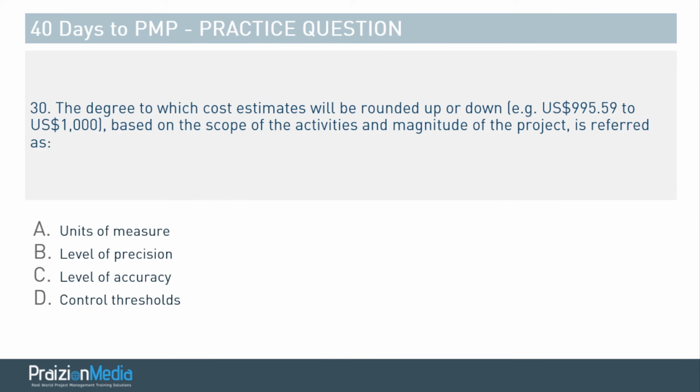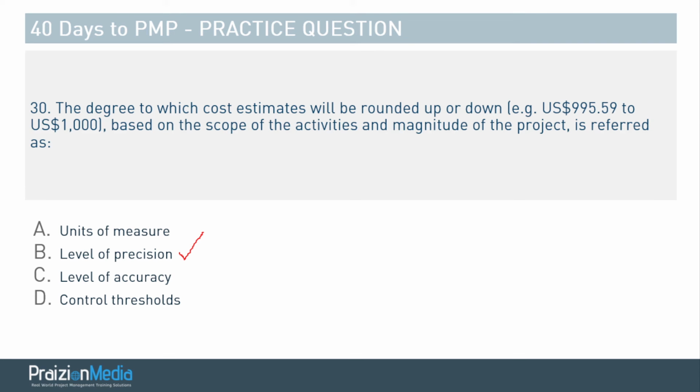One more. I'll let you read the question. Hit the pause button for more time if you need it. Okay. So the best answer to this is level of precision. This is really more about how precise the measurement is.